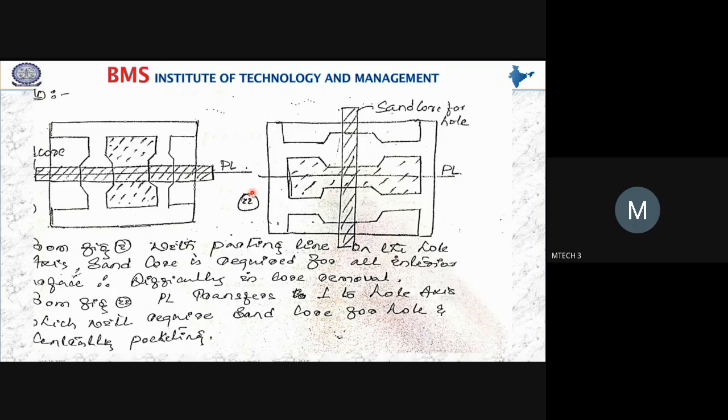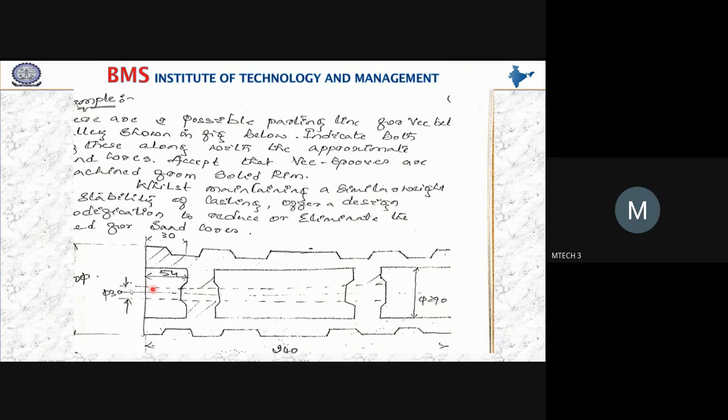Yeah, anybody can answer, no problem. So in the first figure, what you can understand here is the parting line is on the hole axis. So here we have the through hole. If you look at here, this is the hole of 30 millimeter diameter. Okay, so this is a through hole.